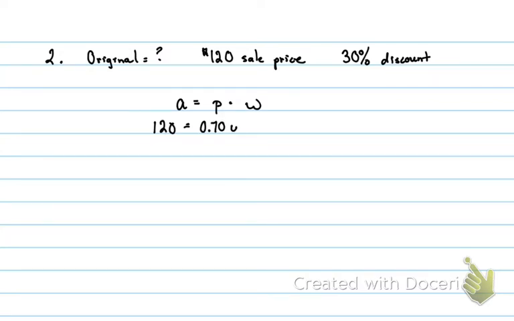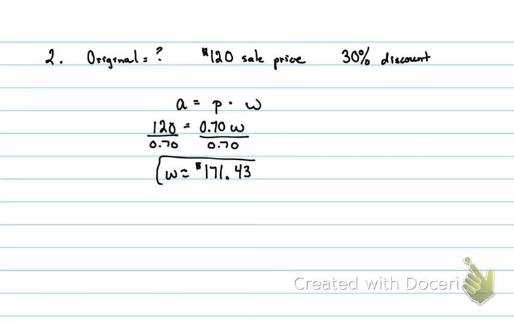I do not know the original price. Now I divide both sides by 0.70. And my original price is approximately, because I have to round it to the nearest penny. What did you guys get? $171.43.